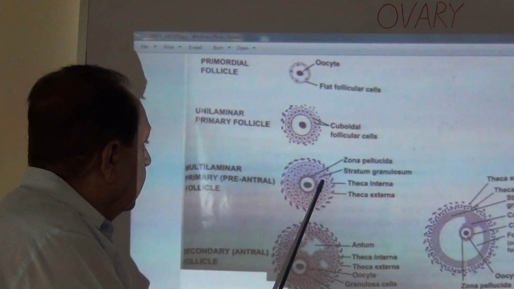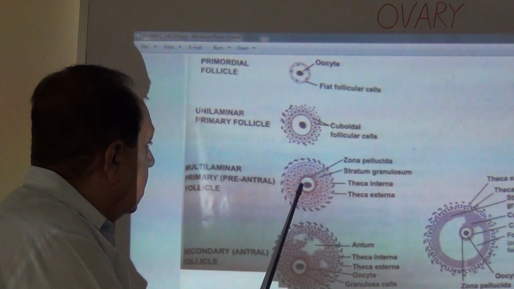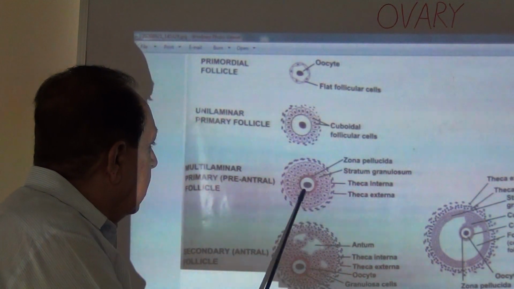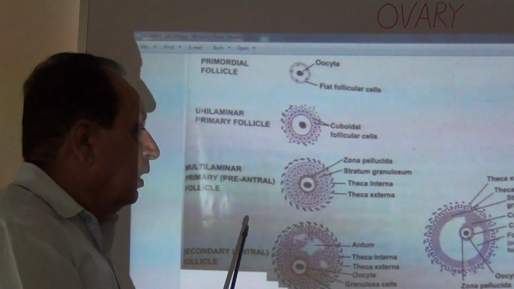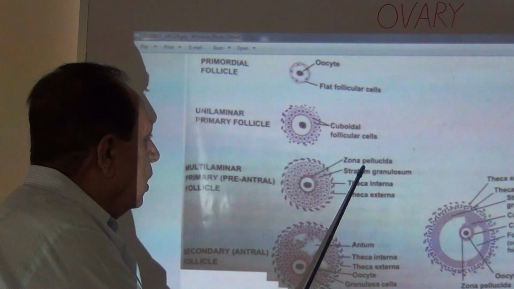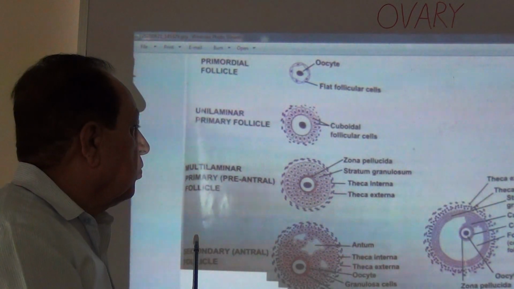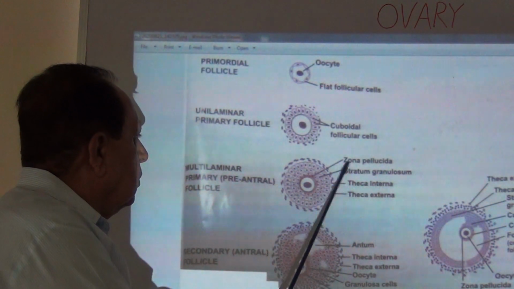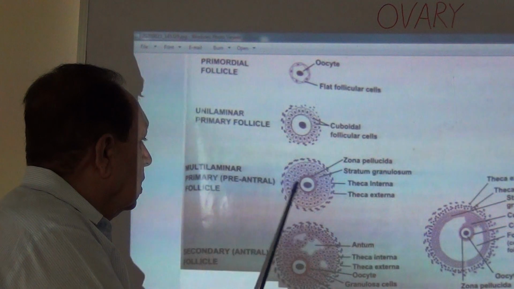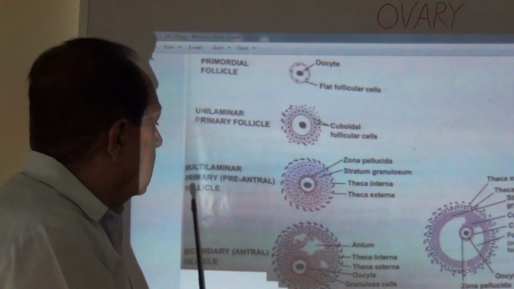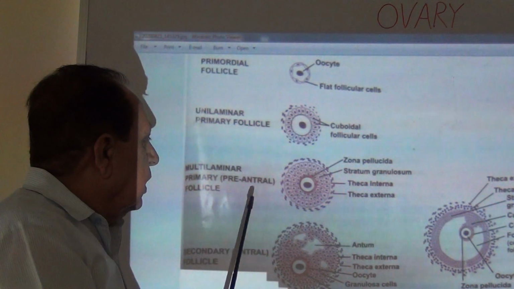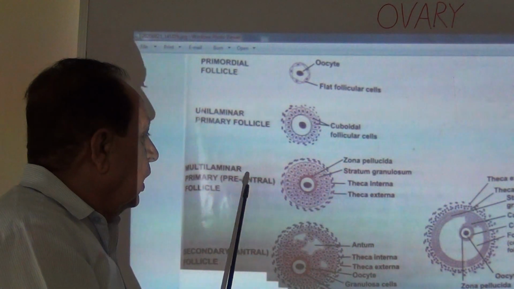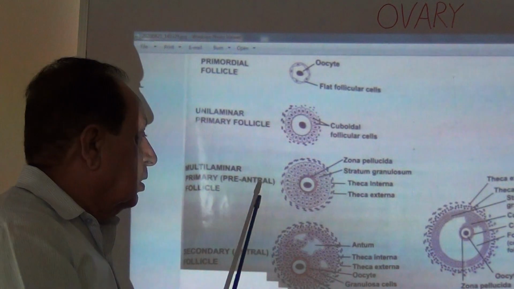And here a membrane appears around the oocyte. This membrane is called the zona pellucida. Now this zona pellucida is formed by three glycoproteins.